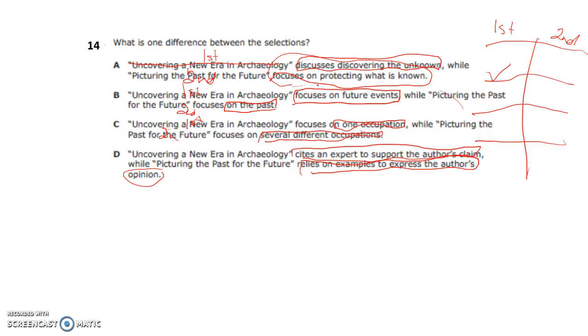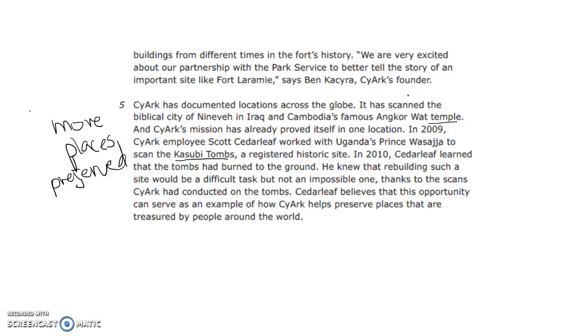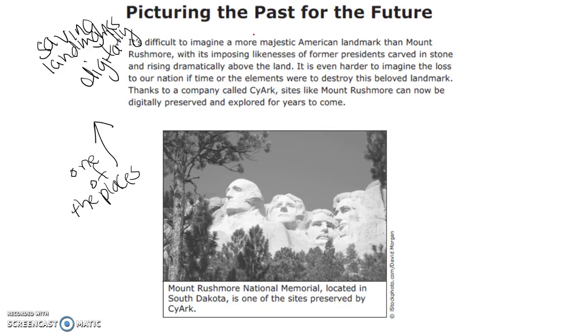Does the second passage focus on protecting what is known? So let's look at the second passage. This is the introduction, but they did talk here about how they're digitally preserving things.